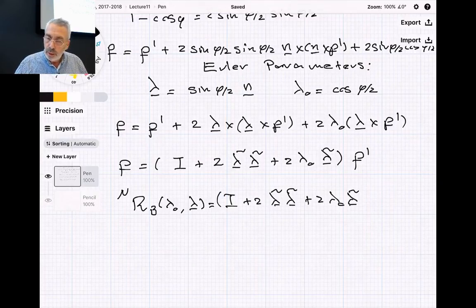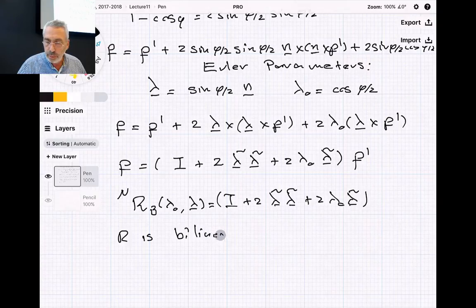Now, a smart student would say, well, so what? I mean, you rewrote one set into a set of another, and not very thrilling. But upon closer inspection, we see that this R is bilinear in these lambdas. So it's a pure quadratic expression in the lambda.